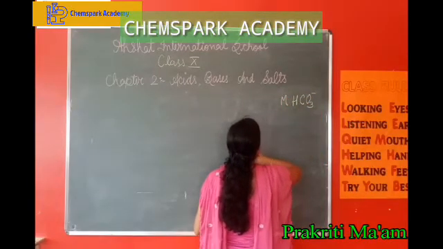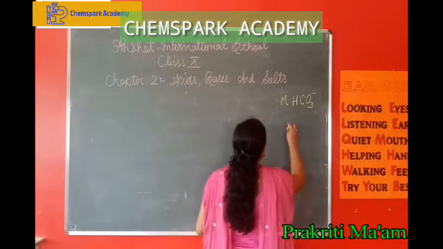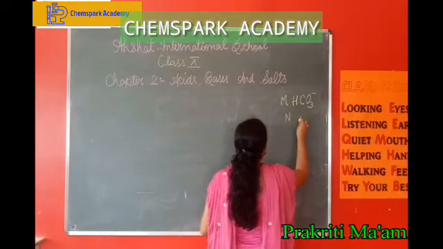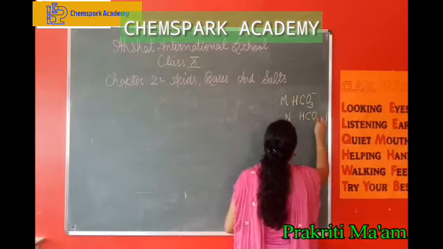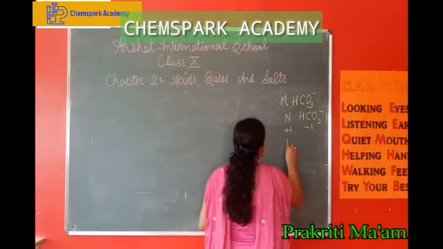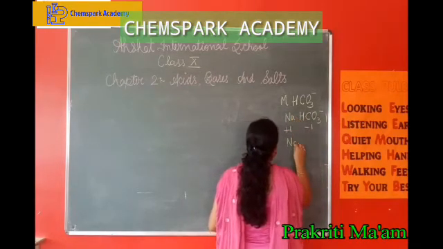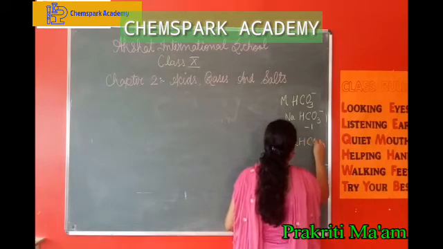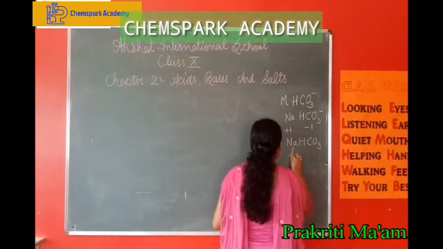So metal bicarbonates will have M HCO3 minus 1. So sodium, and this is bicarbonate, plus 1 minus 1. The formula will be NaHCO3.